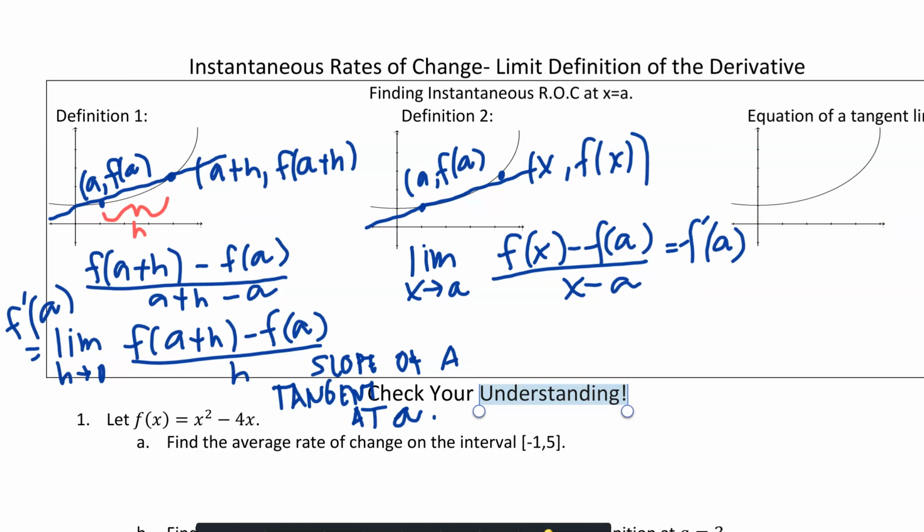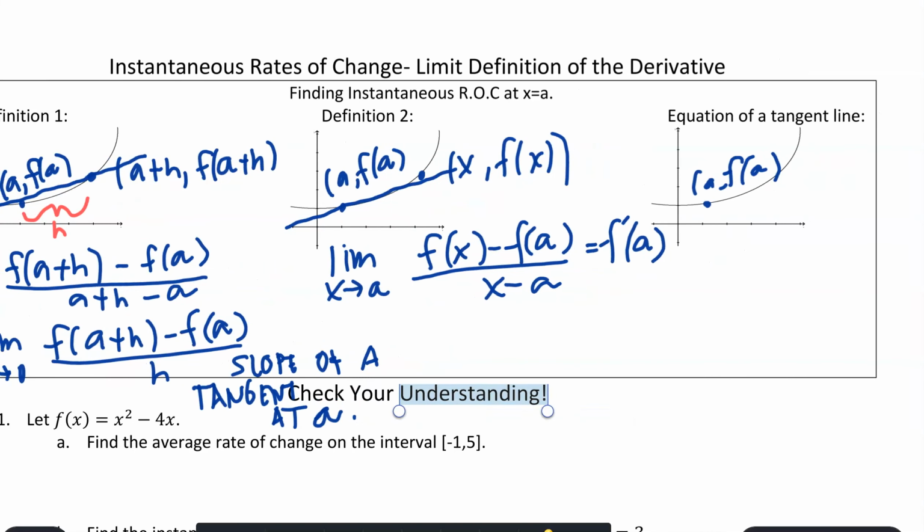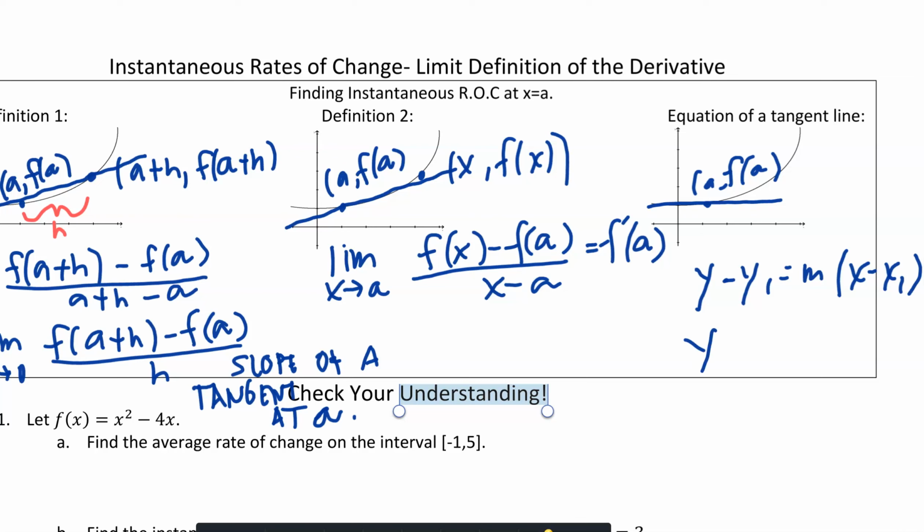So the equation of a tangent line at that A is your point slope formula. So the equation of that tangent line now at A, remember y minus y1, it's going to be equal to your slope times x minus x1. Remember we talked about the slope is the derivative, and that change, we haven't formally defined it.